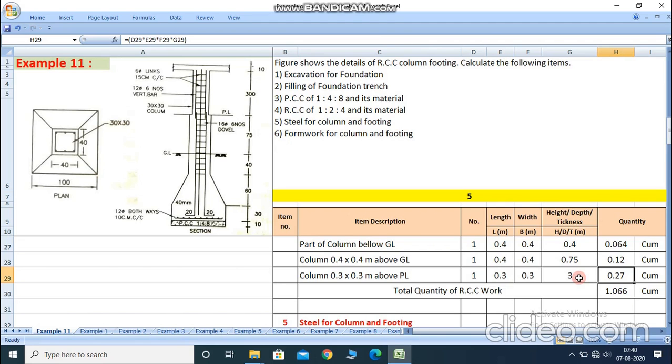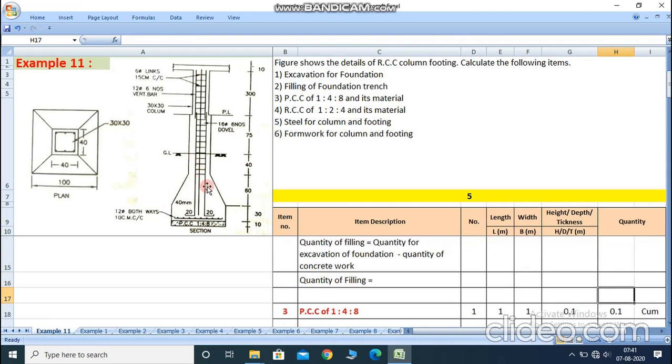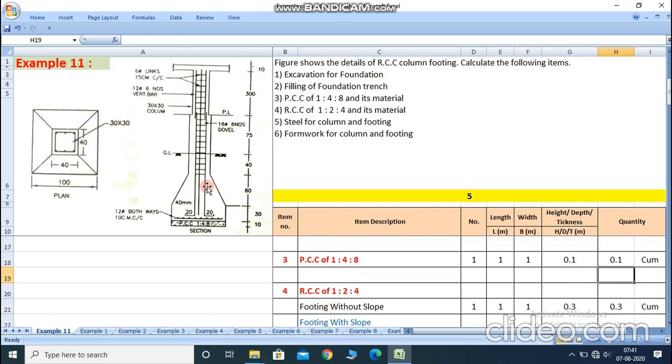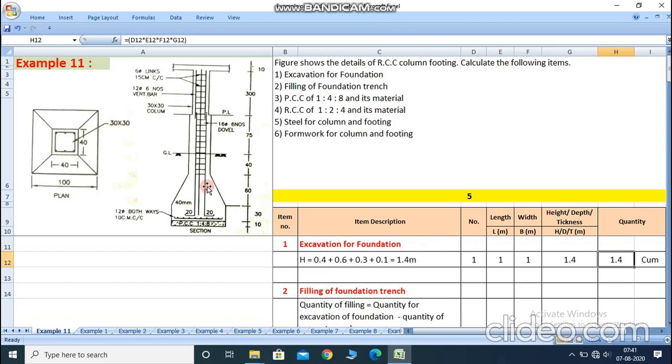Now the second portion is pending: the filling of the foundation trenches. The quantity of filling is the total quantity of the excavation minus the concrete work and PCC work in the foundation. First we take the total quantity of the foundation excavation, which is 1.4.